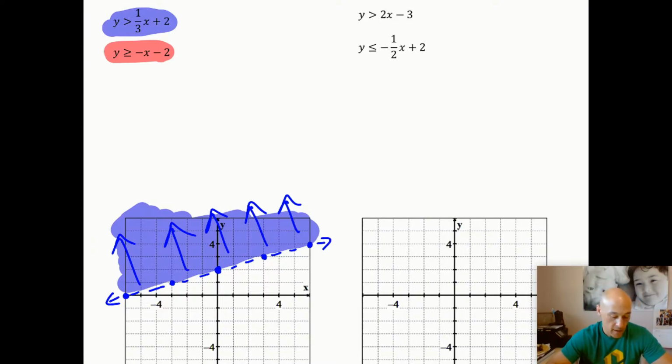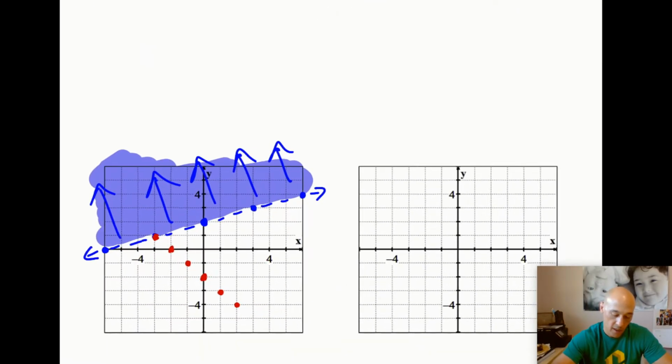The next inequality there, y is greater than or equal to negative x minus 2, has a y-intercept of negative 2, right there, and a slope of negative 1. That means go down 1 to the right 1, down 1 to the right 1. And I continue that, or up 1 to the left 1. And because there is an equal sign there, that's a solid line.